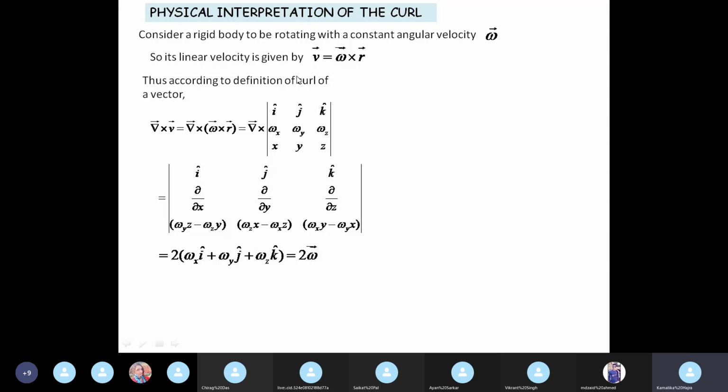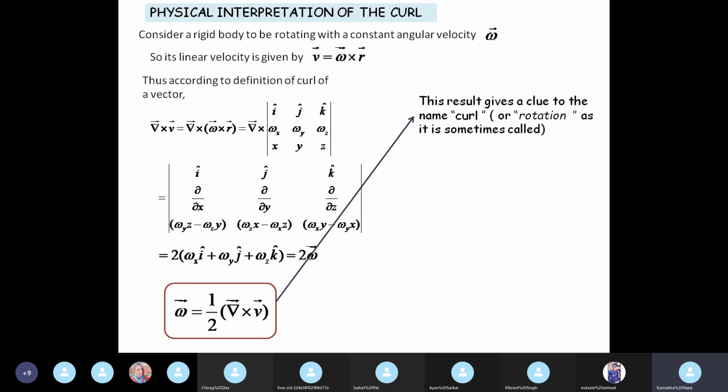If you work this out, you will see that curl v comes out to be twice the vector omega. So the angular velocity of an object is equal to half of curl v. So if curl v is 0, it means that there is no angular motion.